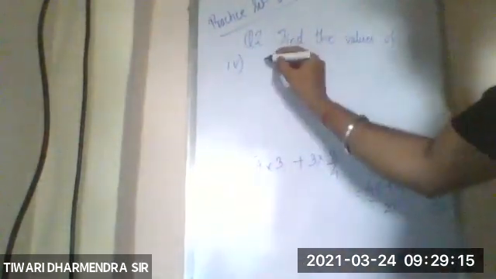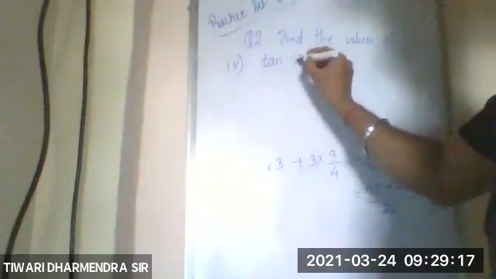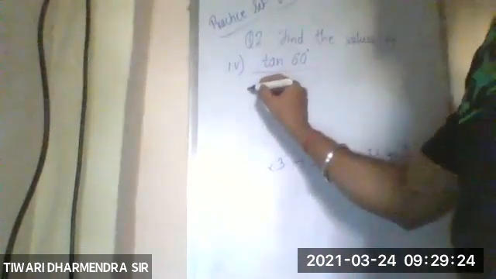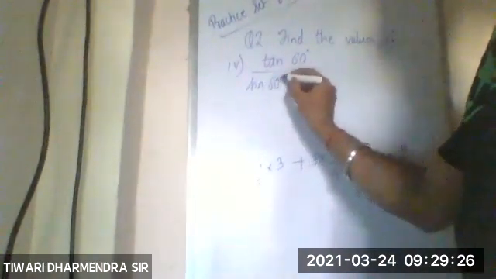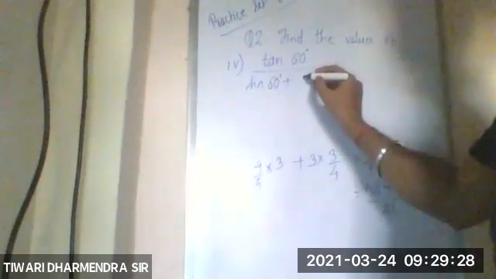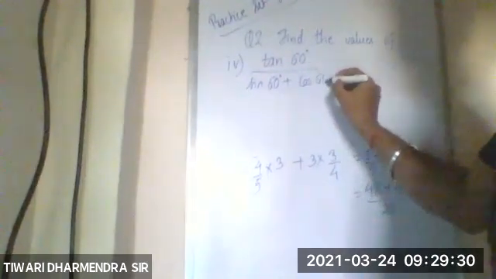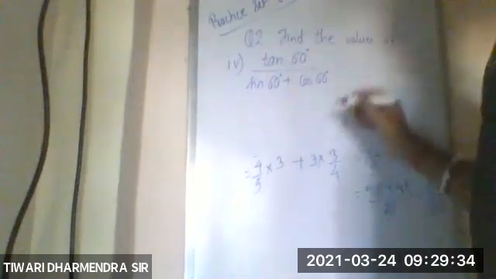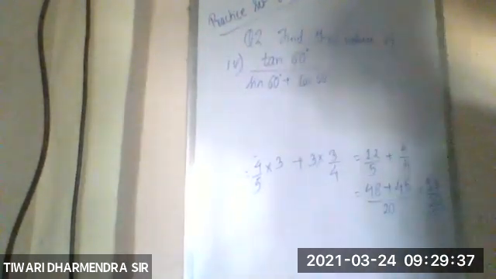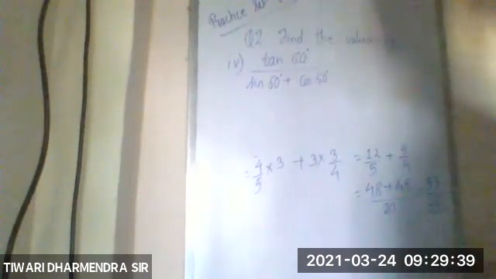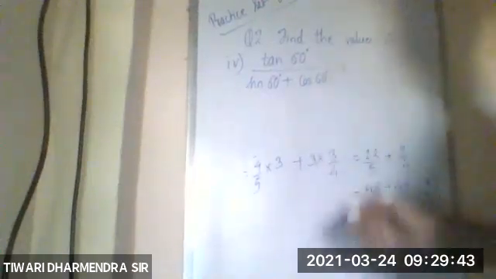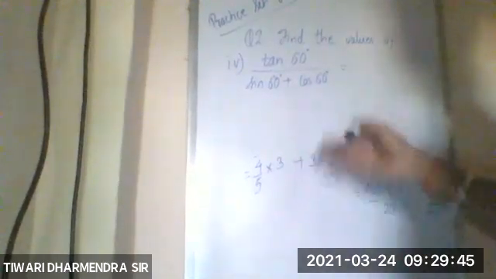Tan 60 upon sine 60 plus cos 60. They have missed the degree there, so you can just write degree, no problem. So we know that just now we have written the value of tan 60.